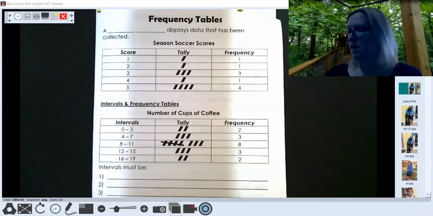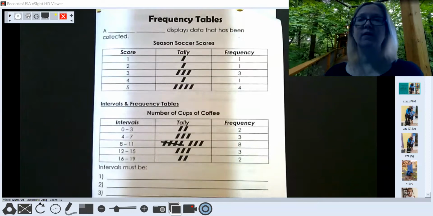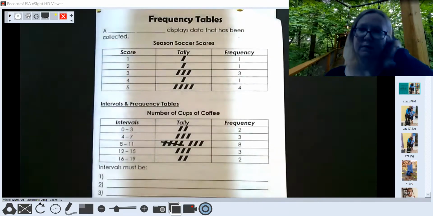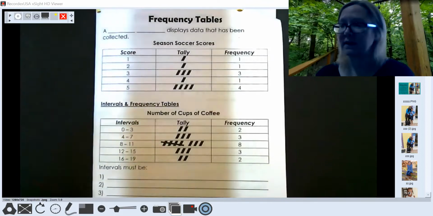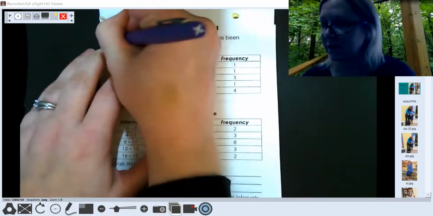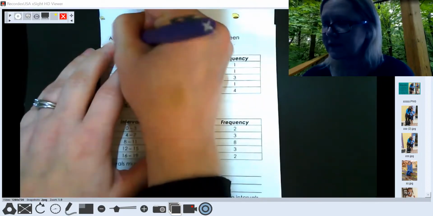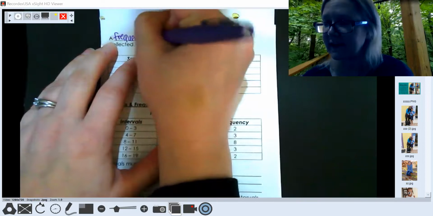So here we go. To start, I need you guys on MSG page 12B. On MSG page 12B, this is discussing frequency tables. Remember, a frequency table displays data that has been collected. Typically, a frequency table is used as we actually collect data.